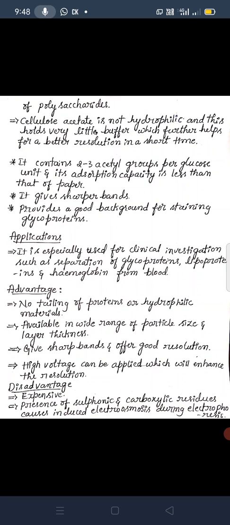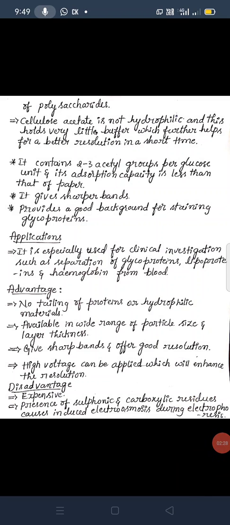Cellulose acetate is not hydrophilic and holds very little buffer, which helps give better resolution in a short time. It contains 2 to 3 acetyl groups per glucose unit, its absorption capacity is less than that of paper, it gives sharper bands, and it provides a good background for staining glycoproteins.